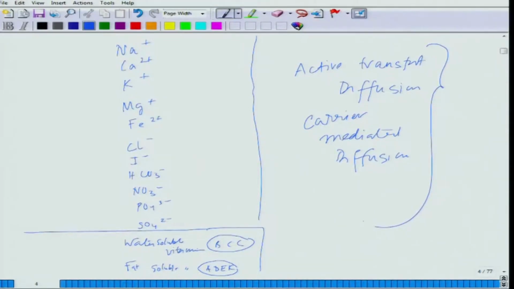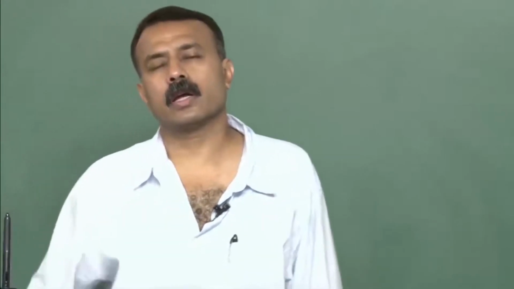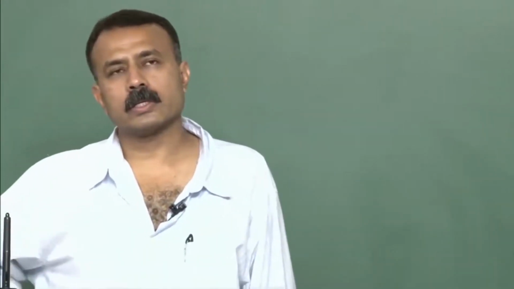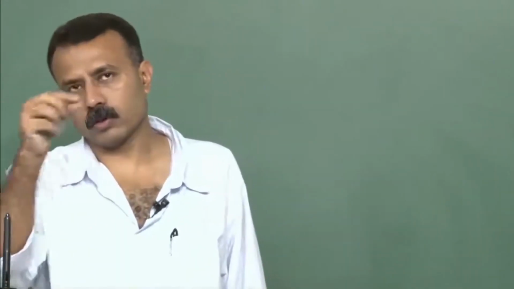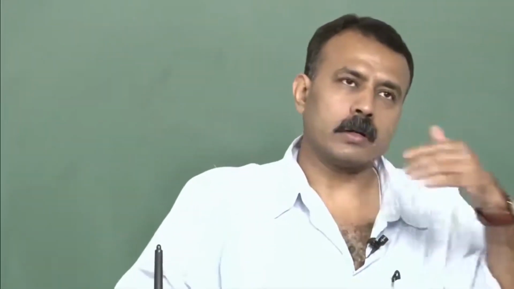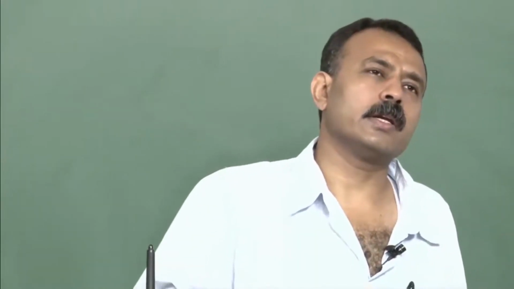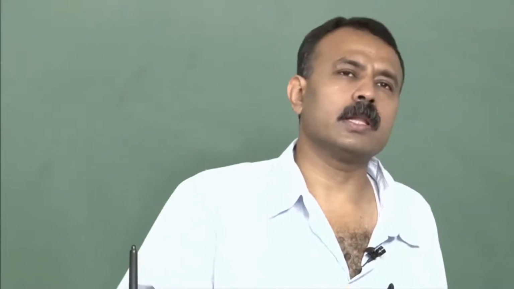They are also absorbed not only in the intestinal mucosa, but also along the kidney. As we have discussed in the kidney, along the nephron there are different zones where some of these are getting retained by the body, and that is what helps in the electrolyte regulation within our body.